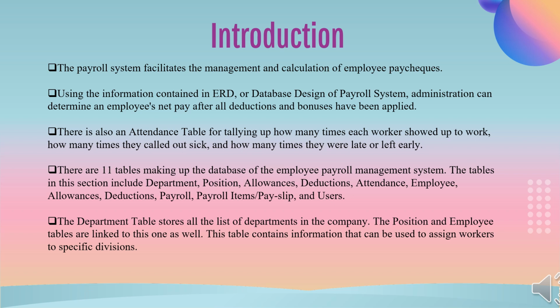Now we have the department table, which stores the list of departments in the company. The position and employee tables are linked to this one as well. This table contains information that can be used to assign workers to specific divisions.